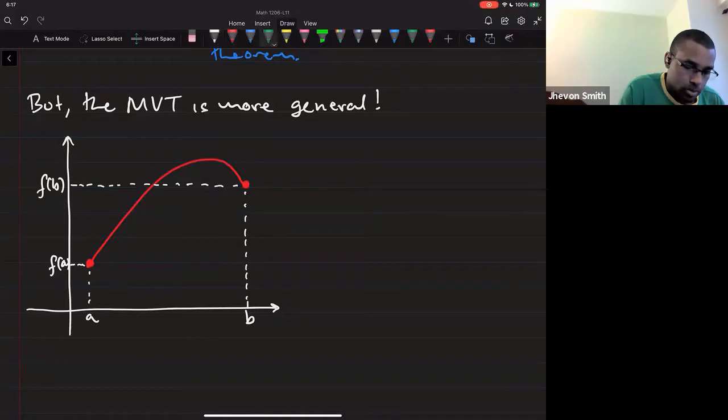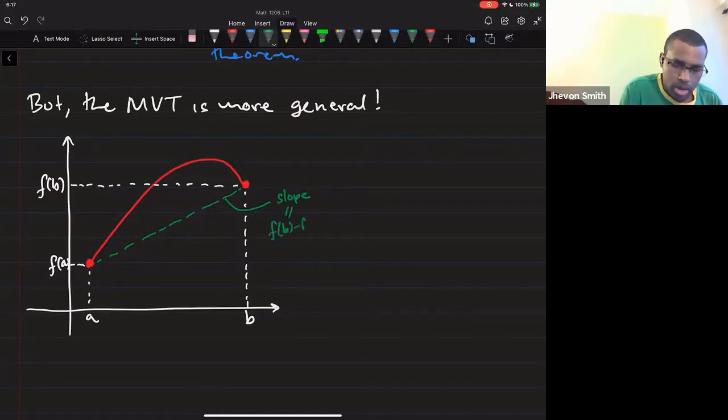So if you look at this guy here, this is f of B. The slope here equals f of B minus f of A over B minus A, right? That's the average rate of change.